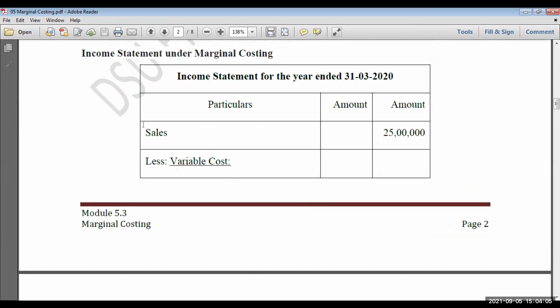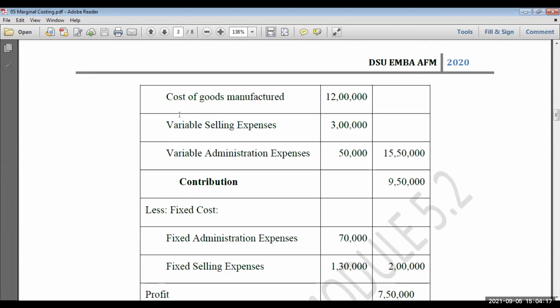Look at this. Your sales minus variable cost for that sales is equal to contribution. What is contribution? The excess of selling price over the variable cost. Suppose you are selling a product for 25 rupees.